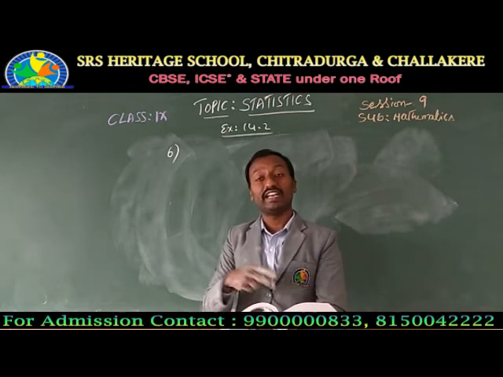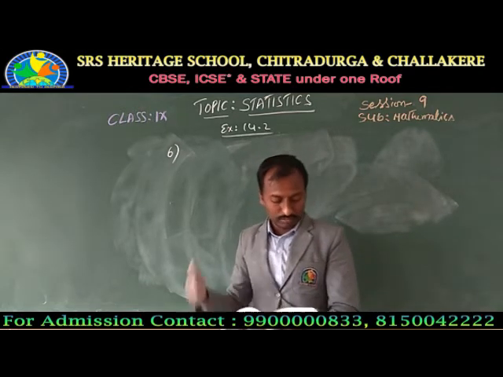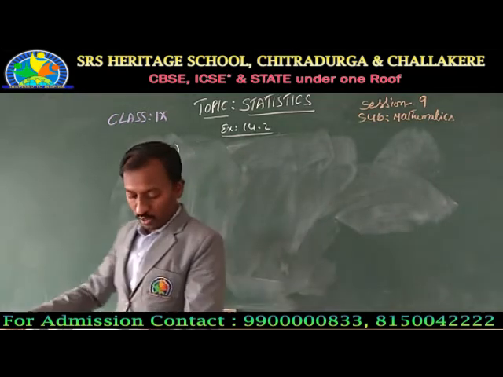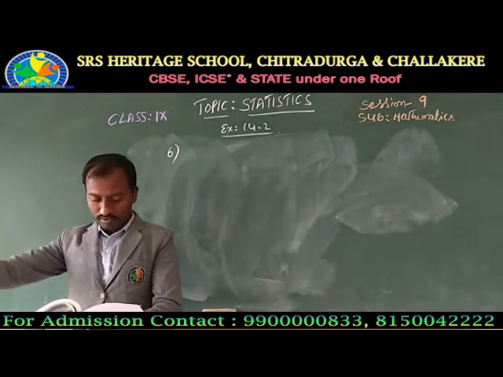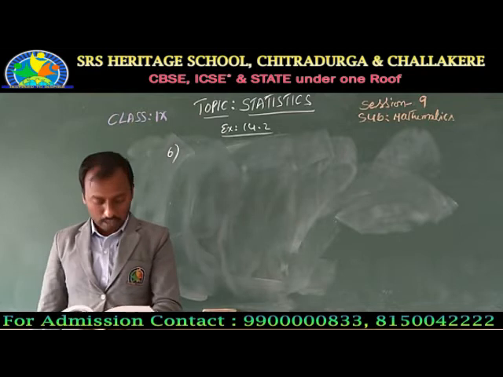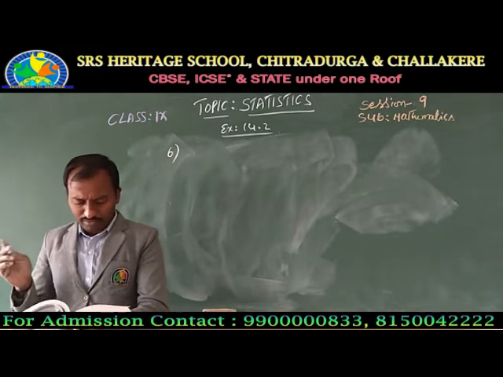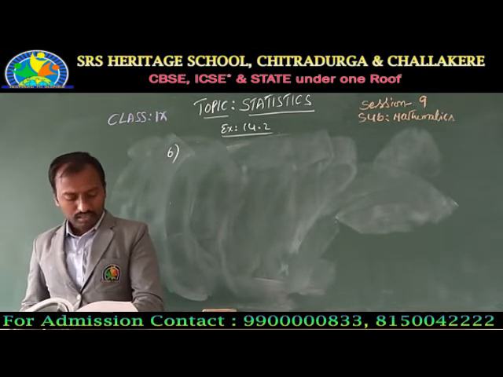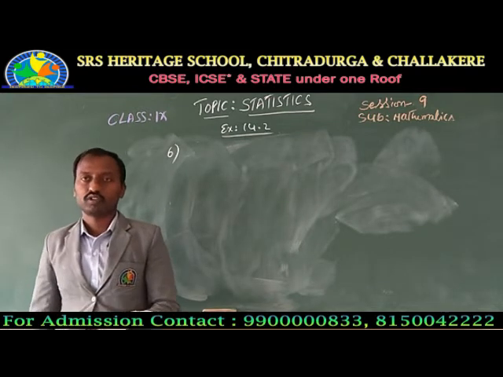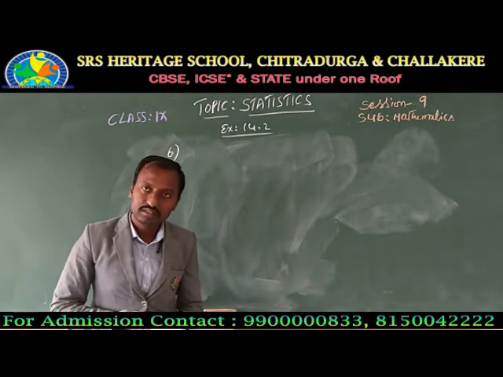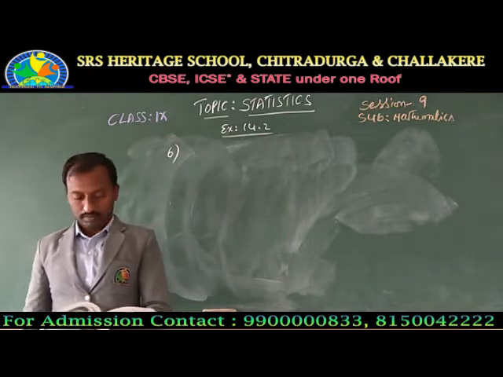How many times will the heads turn up? 0 times, 1 time, 2 times, 1 time, 2 times, 3 times, and so on are given. Thirty tosses are given. Prepare the frequency distribution table for the given data. So number of heads and then frequency.